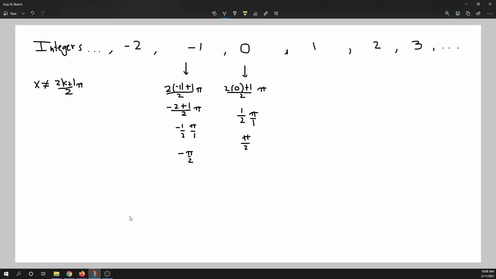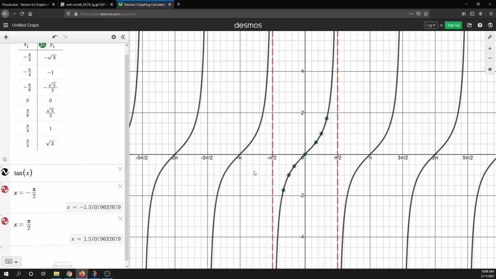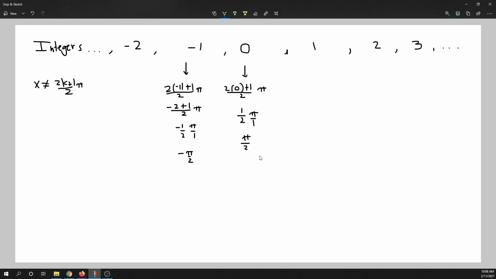Okay, and you can see that, again, there is a vertical asymptote here. And so the next one you can see is going to be over here at 3 pi over 2. That's the one that you would get if you plug a 1 into the formula. All right, so I get 3 on top, 2, so that's 3/2 pi.